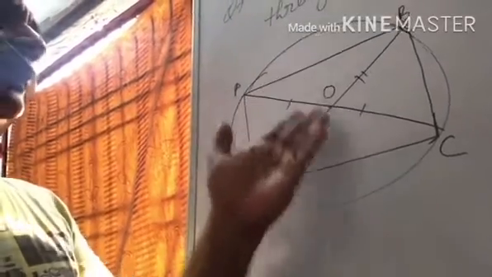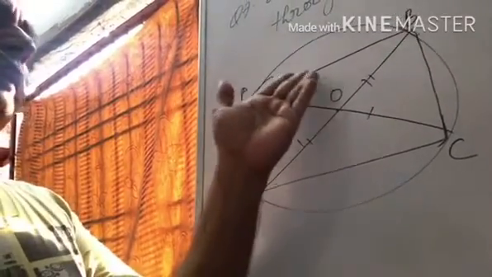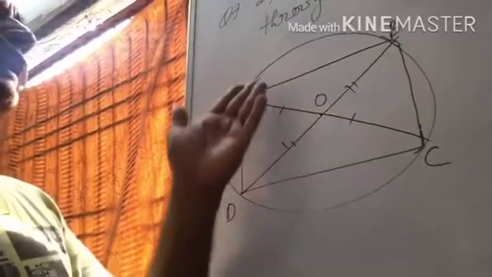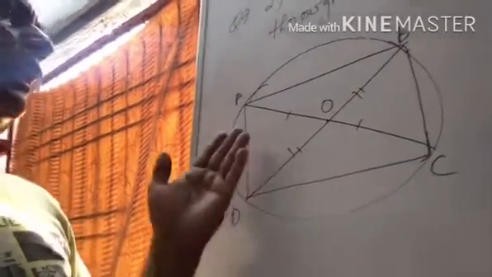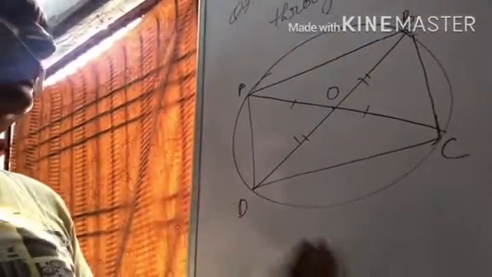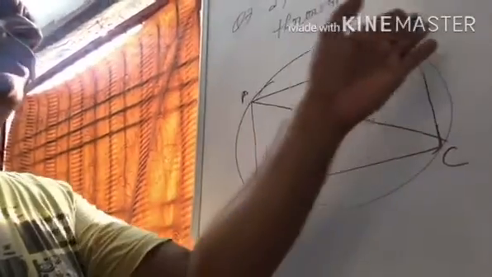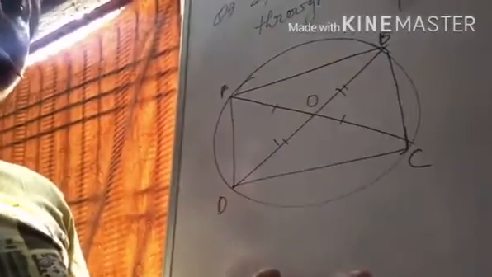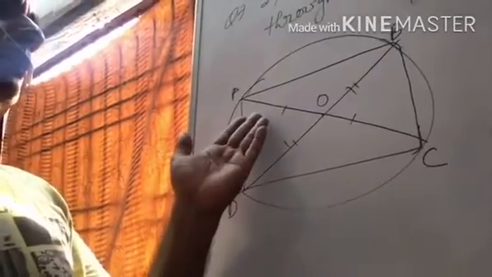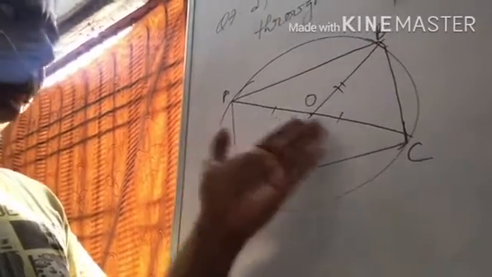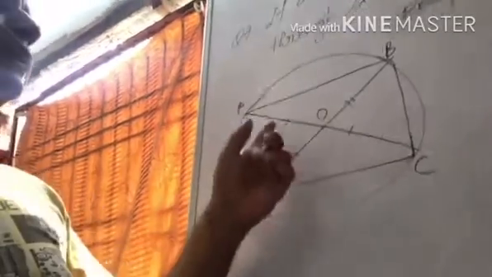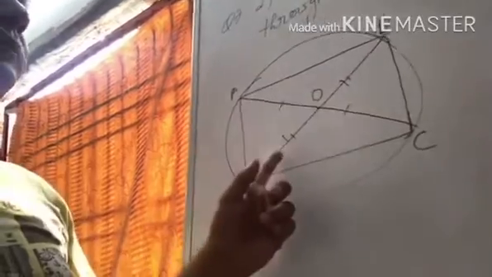If these two triangles are congruent by SAS, then AB is equal to CD. Similarly, triangle AOD is congruent to triangle BOC by SAS. Because in a rectangle the diagonals are equal, because they are radii of the circle.